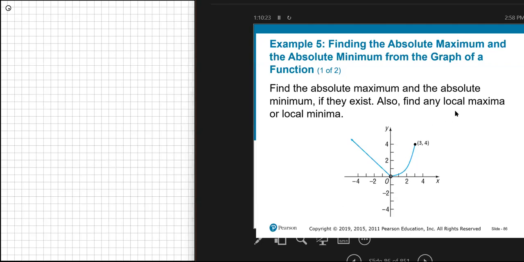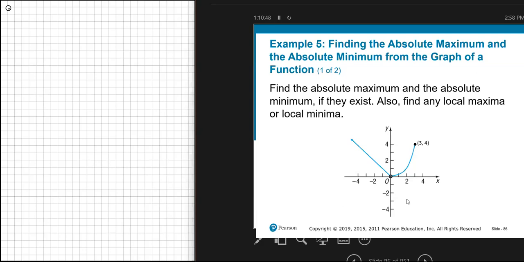And neither does it have a local maximum because there's no interval where you have the top of a hill. And for the local minimum, again, this point would contain a local minimum if it was part of the graph, but it is not. So this function has neither.